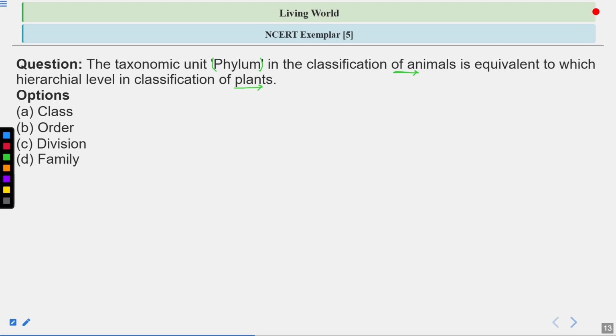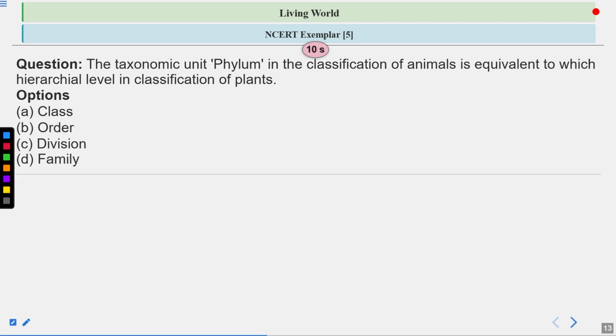So the question is, the taxonomic unit phylum in the classification of animals is equivalent to which hierarchical level in classification of the plants? So what are the options? Option number A is class, B is order, C is division, and D is family.